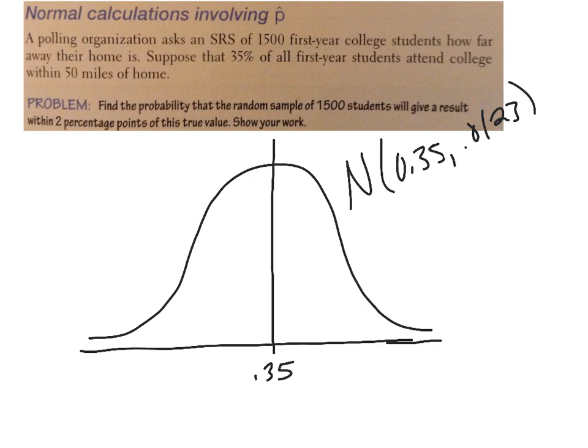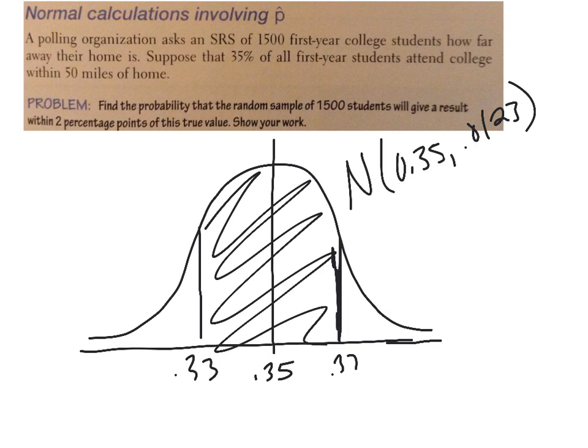I'm looking for 0.33 to 0.37. So I'm looking for this area right here, and I'd pretty much have my stuff labeled and taken care of.